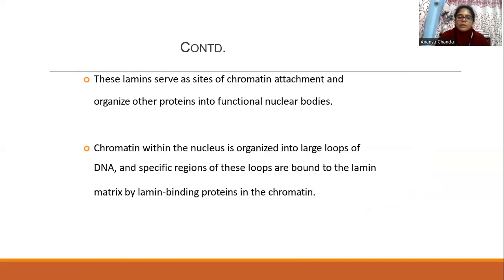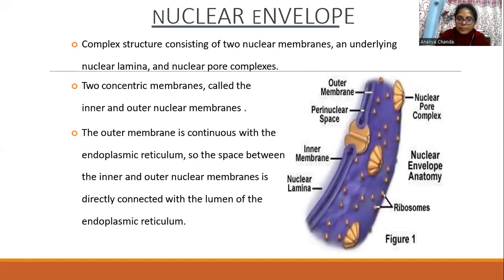These lamins serve as the attachment for the chromatin and the organization of proteins into nuclear bodies. The chromatin forms large loops of DNA, and specific regions of these loops are bound to the lamin matrix by lamin-binding proteins in the chromatin.